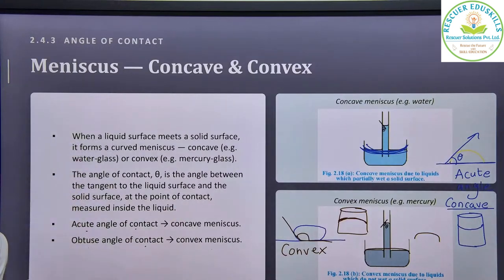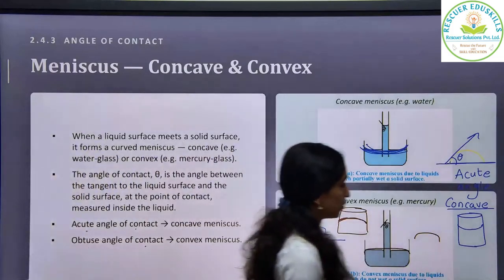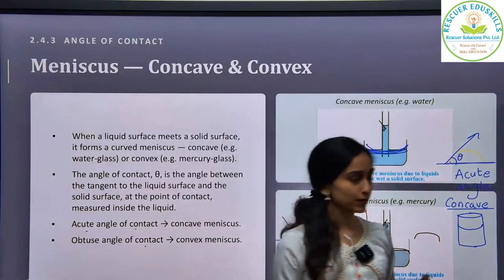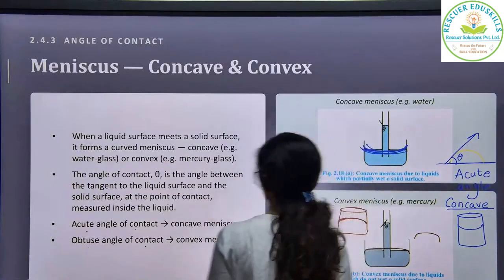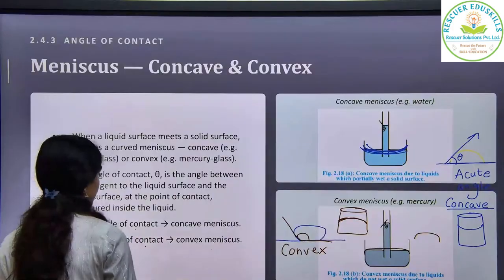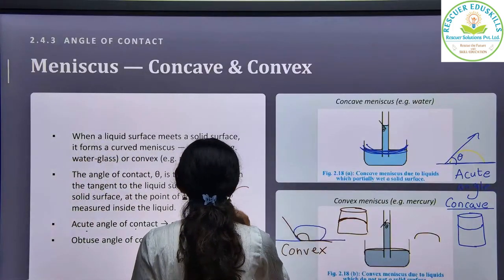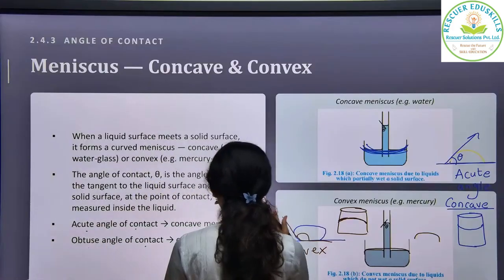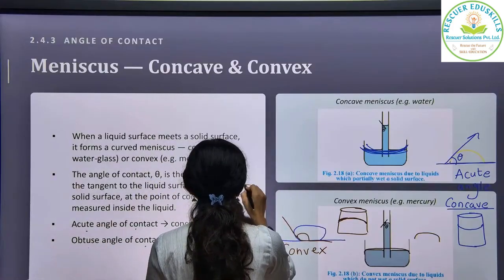Okay, so now, before understanding this in depth, there is one property of a sphere. Let's consider this is a sphere.